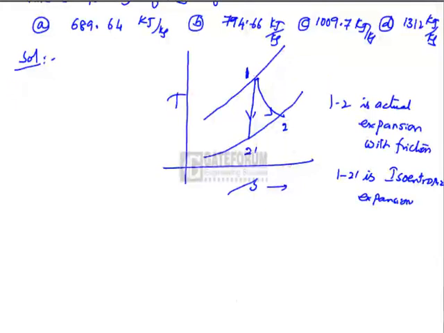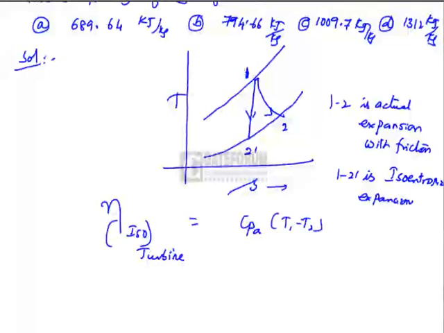Therefore, isentropic efficiency of the turbine is actual work output, that is Cp of air into T1 minus T2, divided by Cp of the air into T1 minus T2 dash, which is the isentropic work. Any work output in a gas turbine is nothing but Cp into delta T. But we do not know T2 dash.